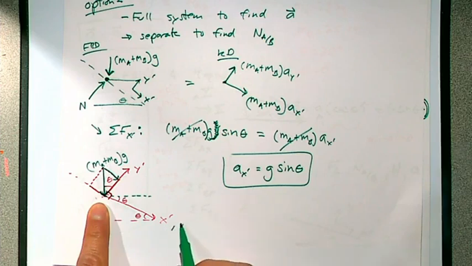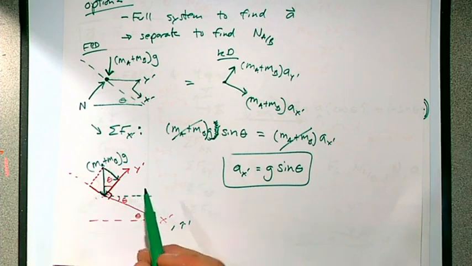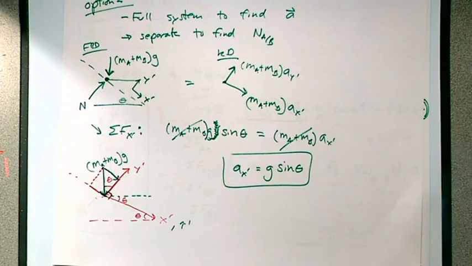This is my i prime. I need to write that in terms of big X and big Y. So this is my i prime direction, and I want to write that in terms of big X and big Y, or what we've called i and j.